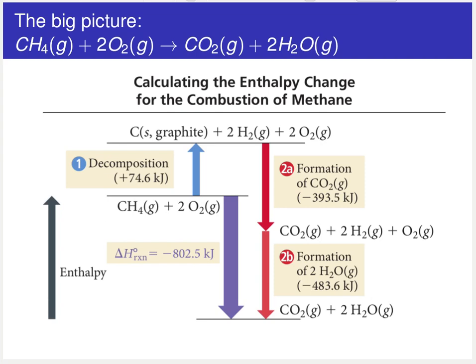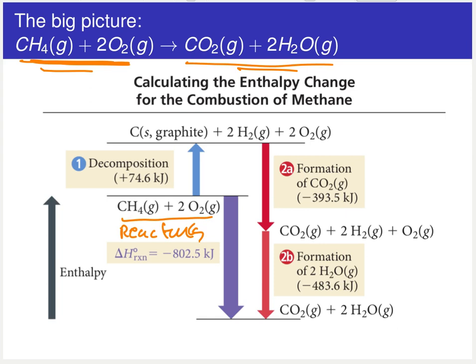So to get a feel for what I'm talking about here, I want you to see the big picture, and then we're going to go back and dissect this whole diagram. So if we consider our combustion reaction of methane, which we've seen many times in the course so far, we can start off here with our reactants.